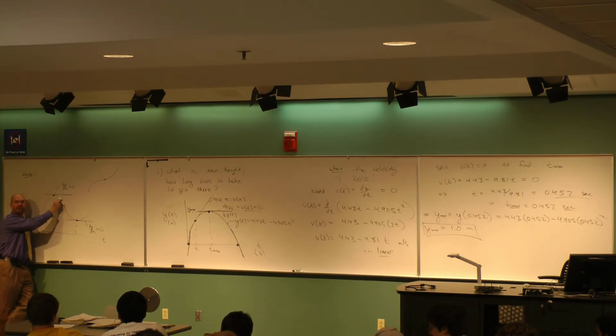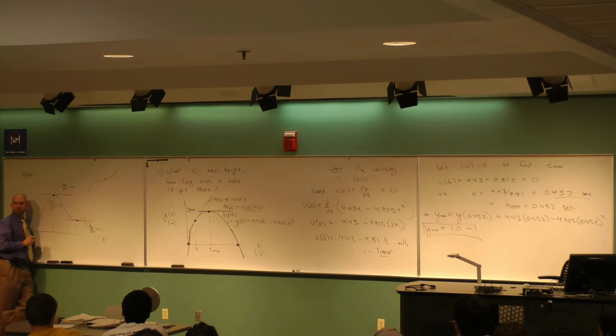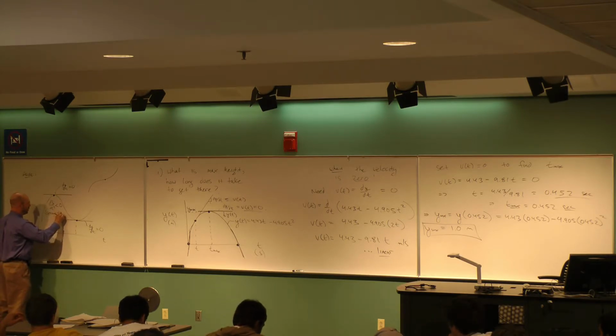Slope is negative. How is the slope changing? In a positive way or a negative way? Two derivatives with respect to time here, less than 0, right? At a maximum, concave down means second derivative is negative. Okay, so this is concave down. That's at a maximum, right?